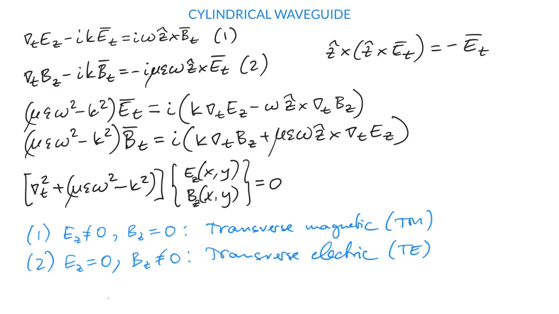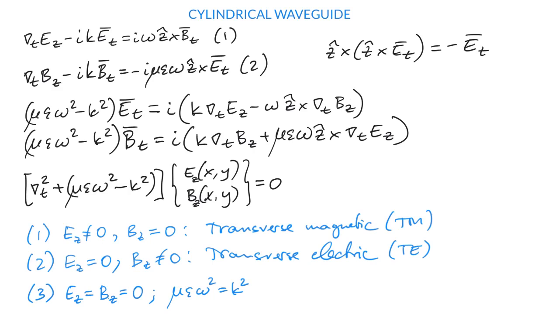The third type of solutions that is possible in some types of waveguides, which needs to be considered separately, is a solution where both electric and magnetic axial fields vanish. Now, this is only possible in combination with the equality mu epsilon omega squared equals k squared.